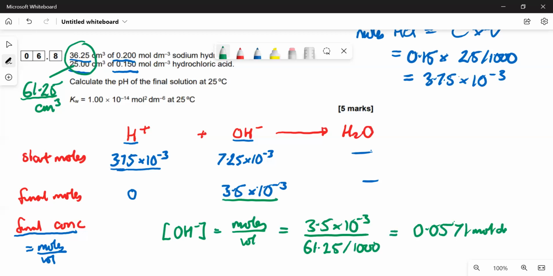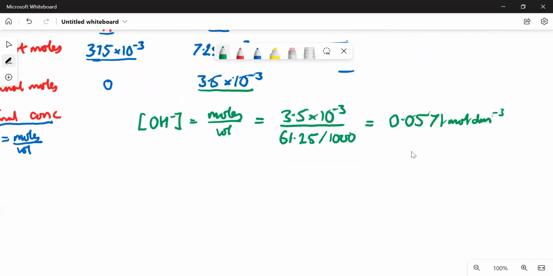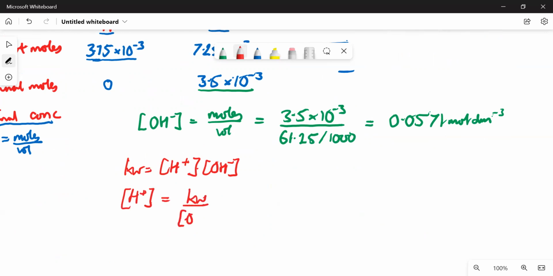We're not there yet. We've worked out the OH minus concentration. From this, we've got to use Kw to work out the H plus concentration. Let's do that. So remind ourselves Kw is equal to H plus times OH minus. So the H plus concentration is equal to Kw over the concentration of OH minus.